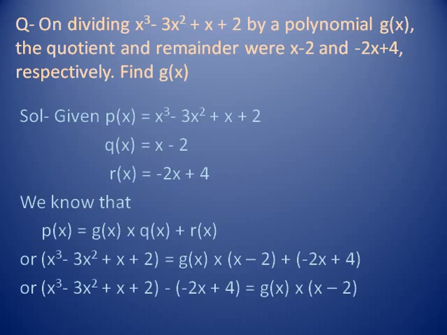So on subtracting px minus rx, we have opened the bracket and written x cube minus 3x square plus x plus 2 plus 2x minus 4, as there was a minus sign. When we open the bracket, minus minus becomes plus, so minus 2x becomes plus 2x and plus 4 becomes minus 4. Then we simplify the left side. So we get x cube minus 3x square plus 3x minus 2.